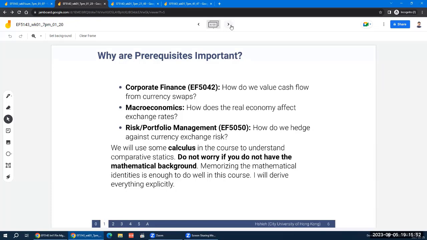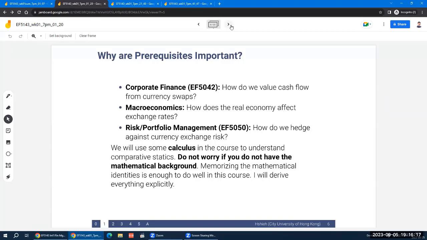Corporate finance is important because we're going to be pricing what are called currency swaps. If you don't know what a bond is, or how to do discounted free cash flow, there may be a problem. But in any case, I will provide extra slides to go over very simple bond pricing if you've forgotten it. We'll get to that in the last third of this class.